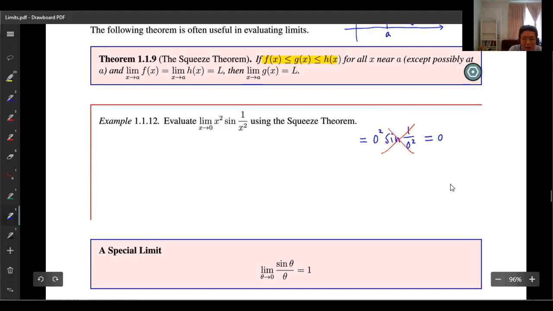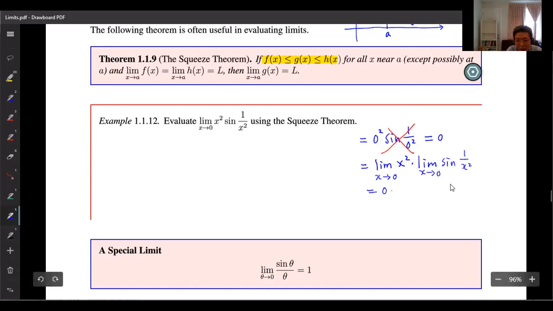How about this way? I take a limit of x squared, because it's a product, and I take a limit of sine of 1 over x. The first one, I got 0, no problem. How about this one?